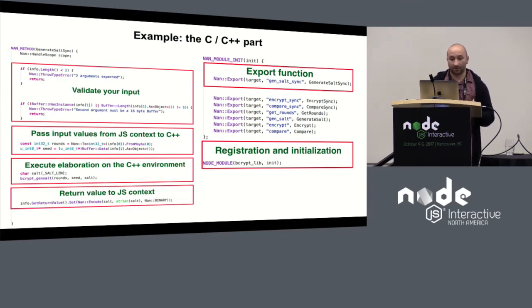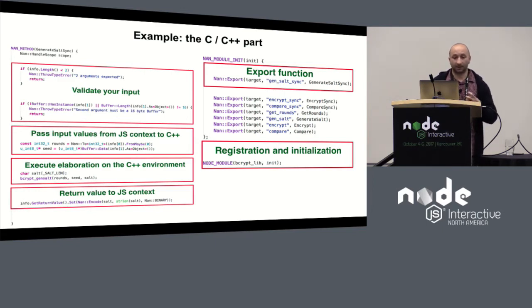As the first step, we validate our input. Remember, on the native side, you have all the necessary methods to validate your types and data. Don't waste your time creating JavaScript-side code that tries to identify what types you are passing to the native side. After this step, we pass all the data from the JavaScript context to the C++ context, and we use this data to execute some elaboration.